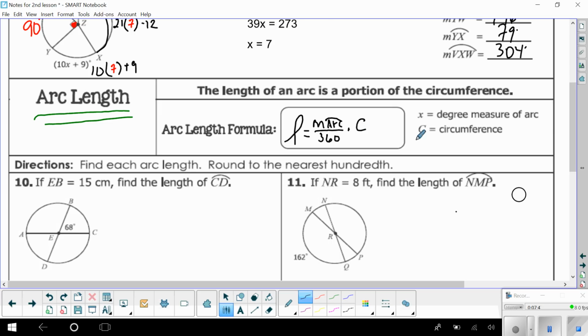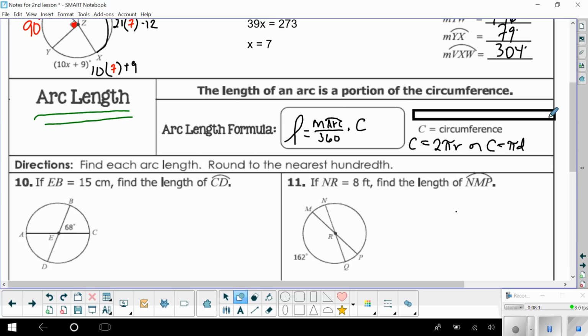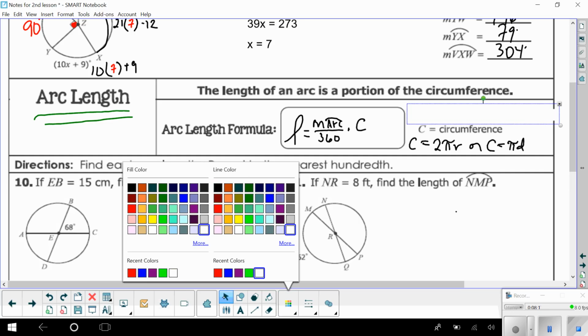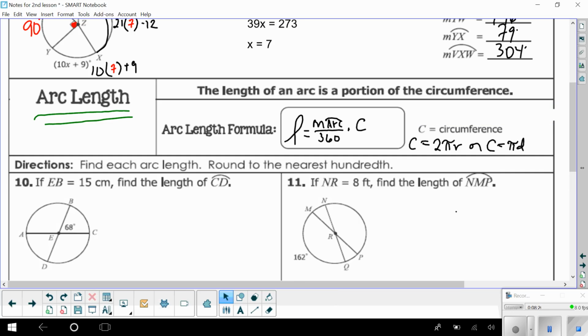Now, the circumference can either be 2 pi r, or circumference could be pi d. Okay?